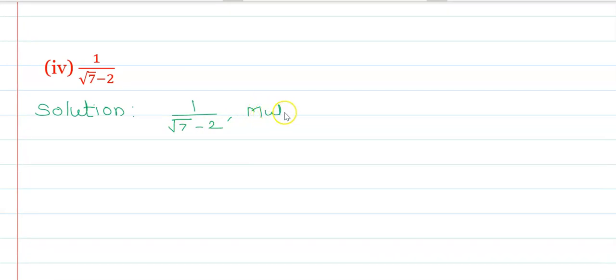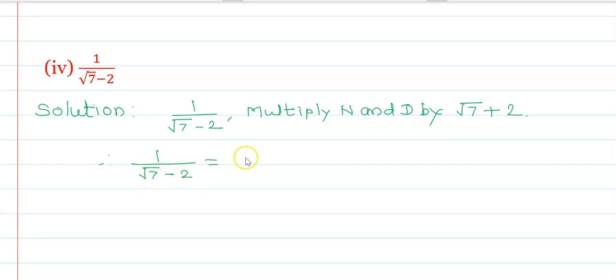Multiply N and D by the conjugate part of root 7 minus 2, which is root 7 plus 2, and therefore 1 upon root of 7 minus 2 equals 1 upon root 7 minus 2 into multiplied N and D by root 7 plus 2.